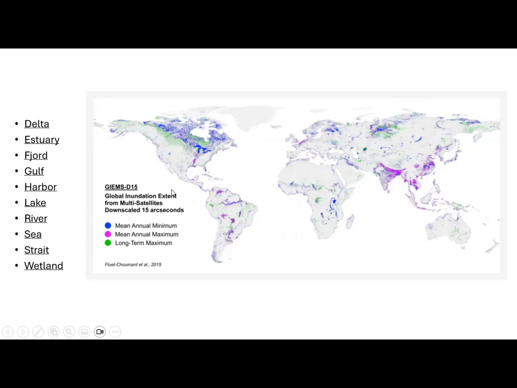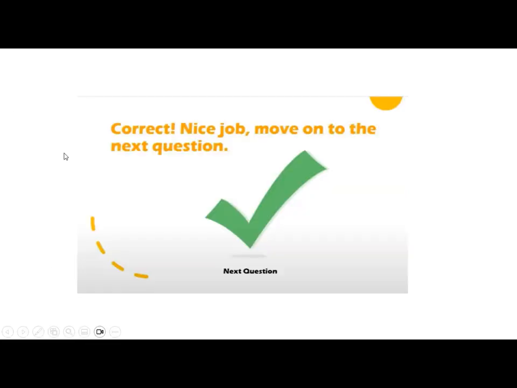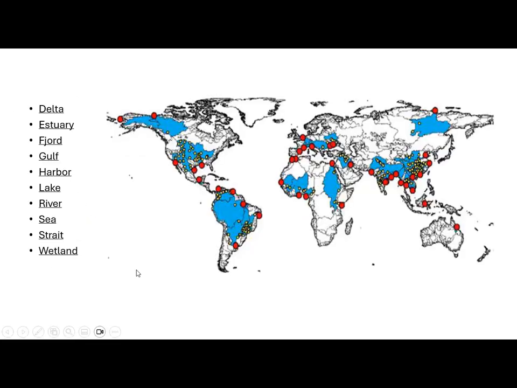And this has to do with, actually this note is important: Global inundation extent from multi-satellites downscaled 15 seconds. I think this is wetlands. Correct. This one is close to sea, therefore I think this is fjord.